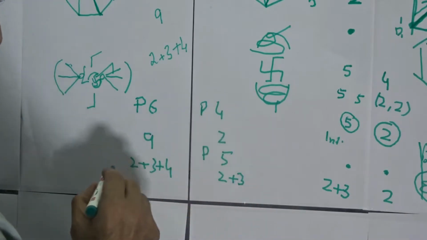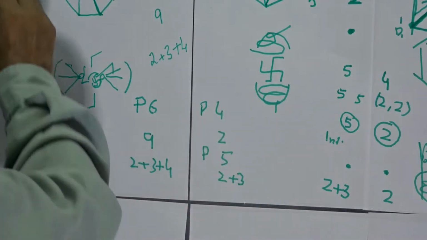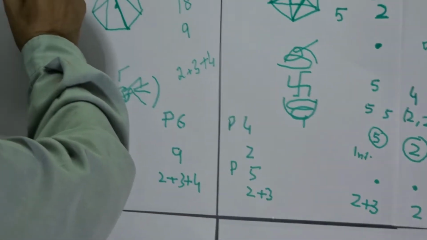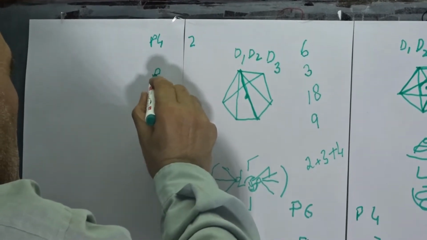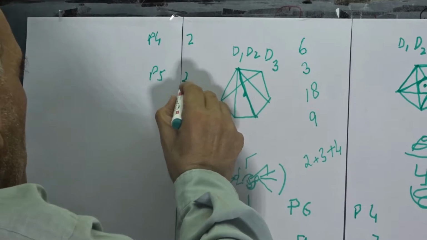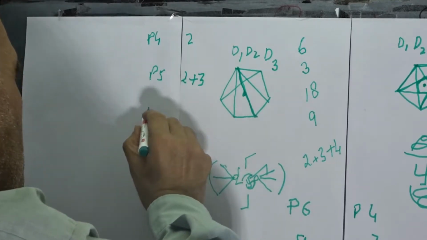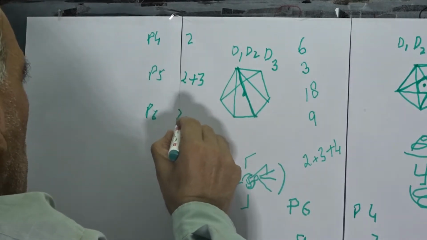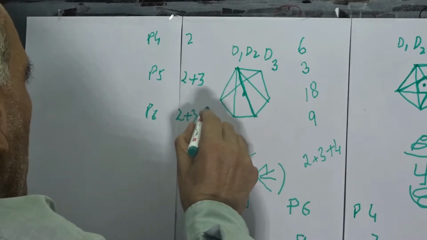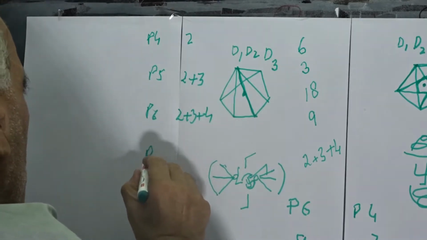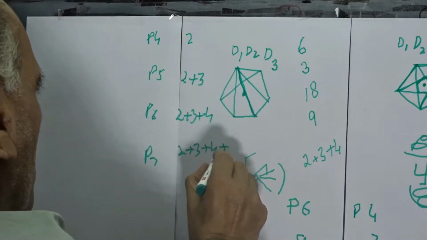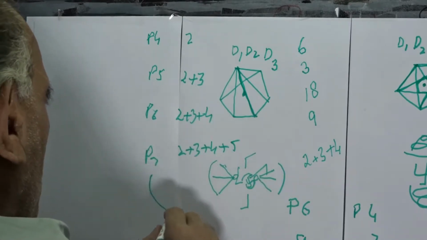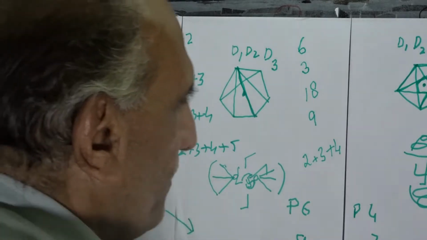So it is easy to project that polygon 4 takes us to 2 diagonals, polygon 5 takes us to 2 plus 3 diagonals, polygon 6 takes us to 2 plus 3 plus 4 diagonals. So then we can extend it: 7 goes to 2 plus 3 plus 4 plus 5, and like that a sequence will follow.